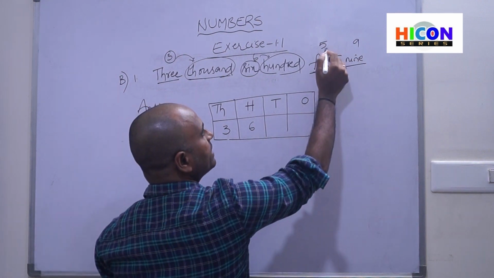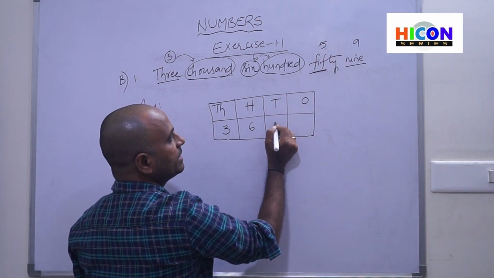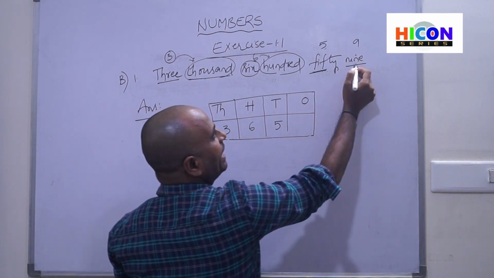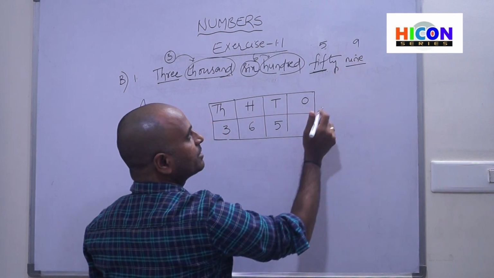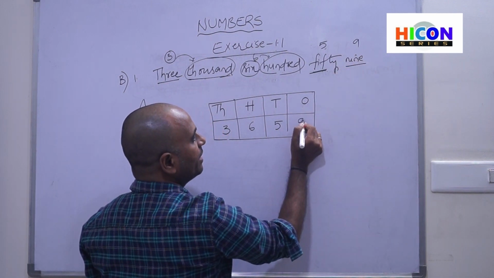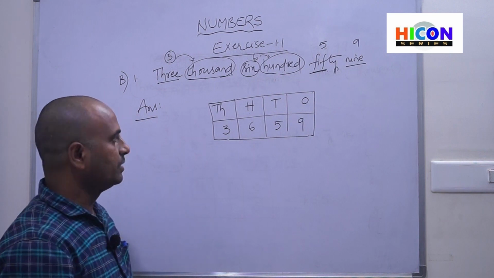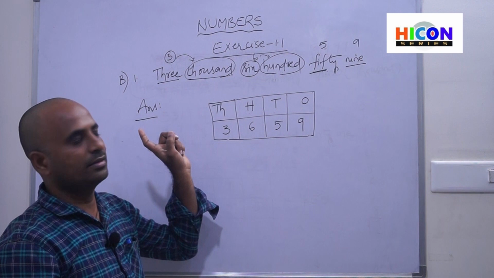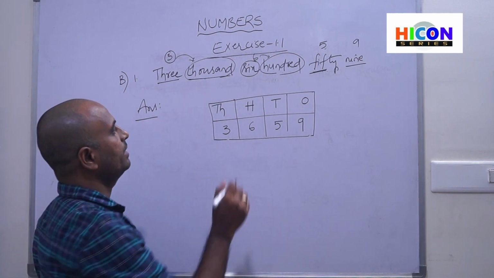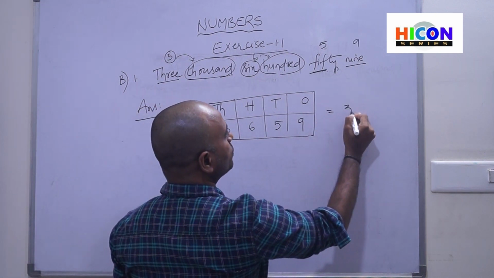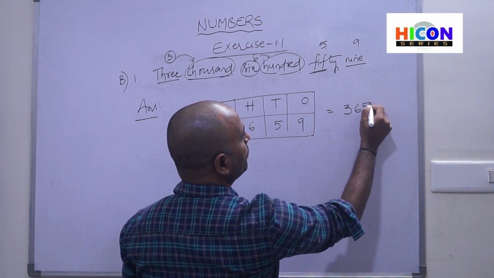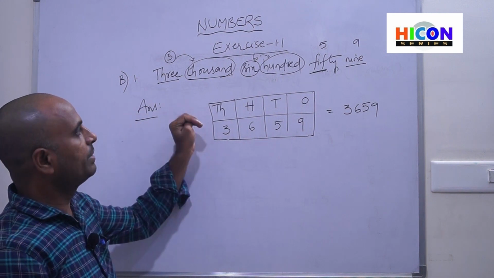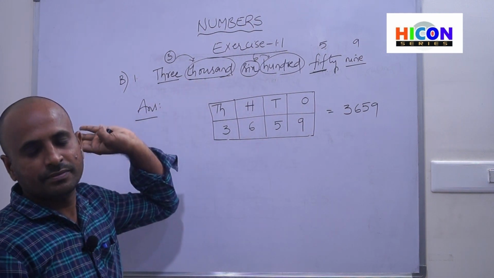And 5 is present in tens place, so insert the digit 5 under tens place. And 9 is present in ones place, so insert the digit 9 under ones place. This is the number we required. This is the answer. So the number for the given number name is 3659. This is the way of writing numbers for the given number names.